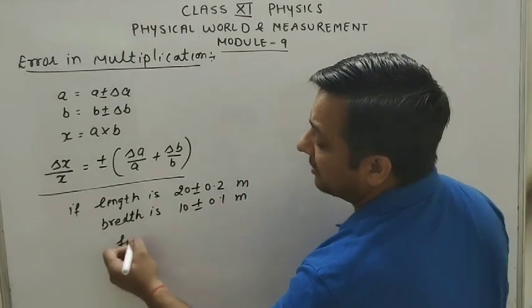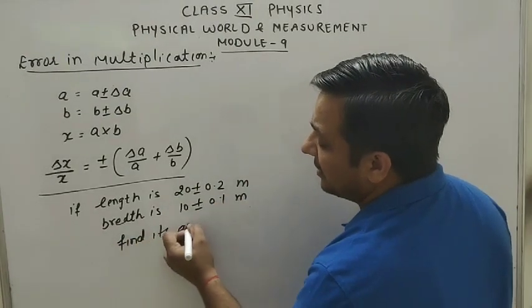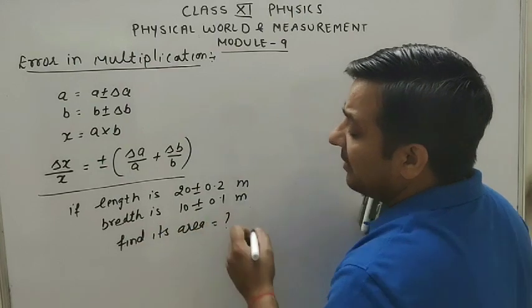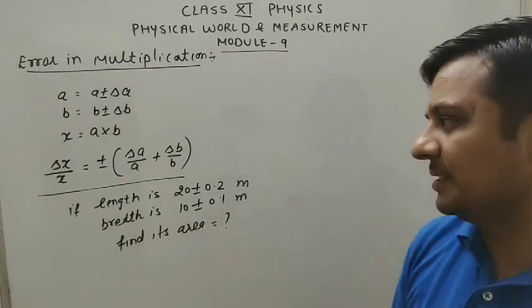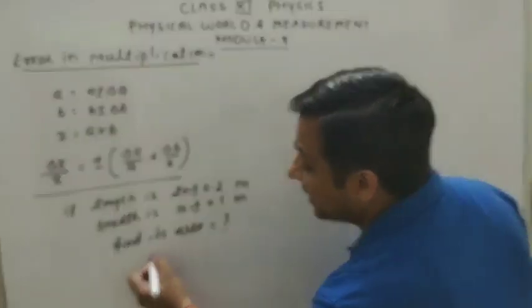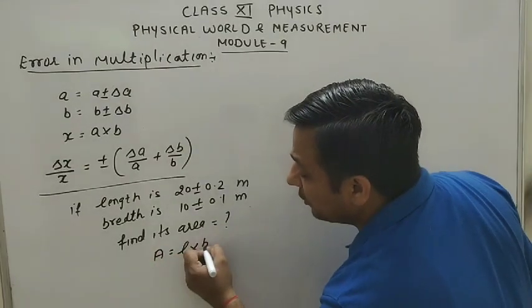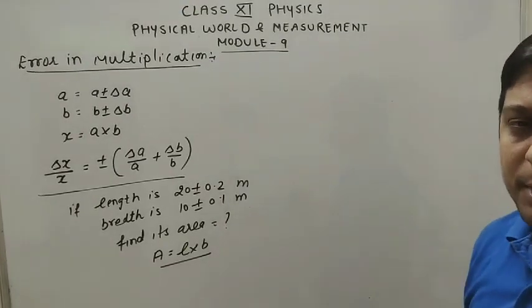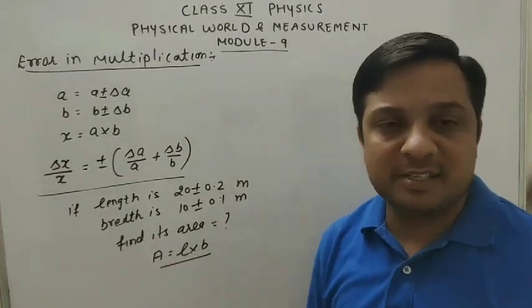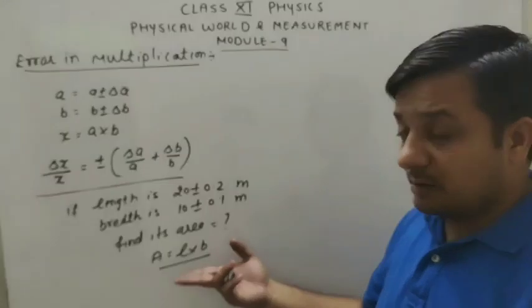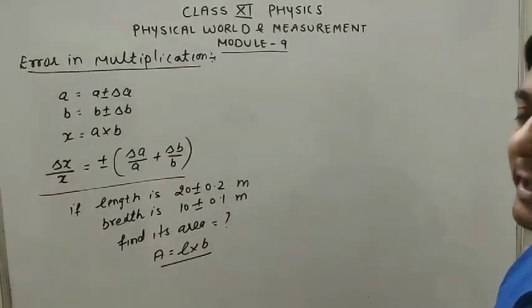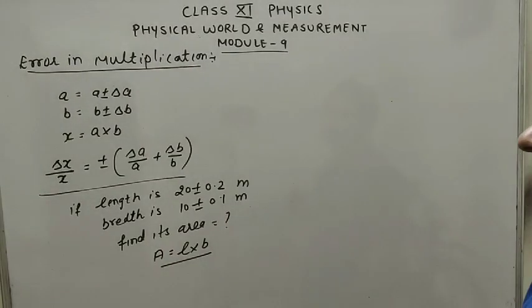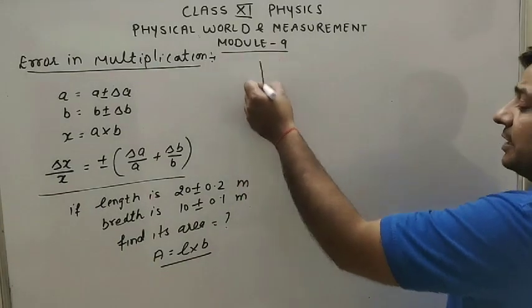Find its area, right? Because area is length into breadth simply. So you know area A is equal to length into breadth. So dear friends, you will have to multiply them. Product of length and breadth is the area of rectangle.